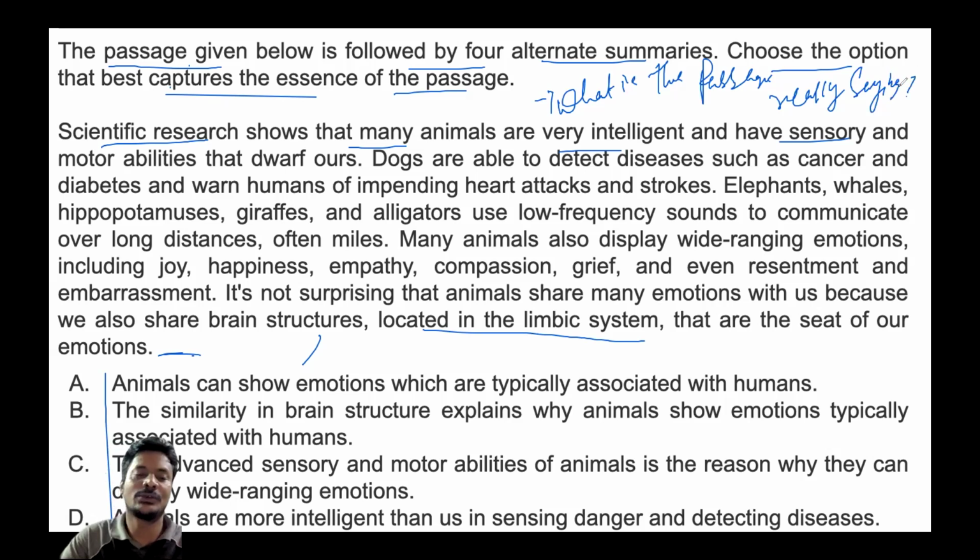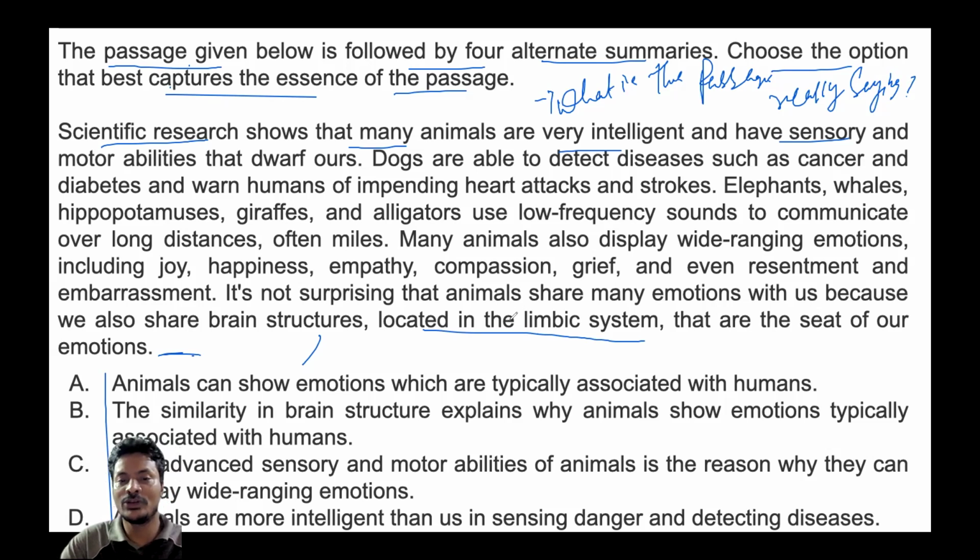So we understand that it is not just listing animal abilities, it is giving a reason why animals show emotion like humans. So we find out that animals show human-like emotions, right?